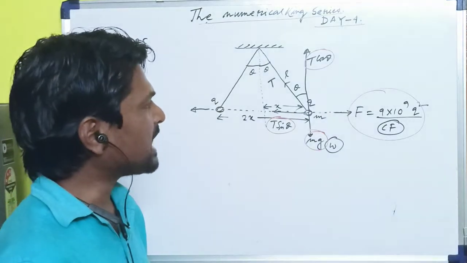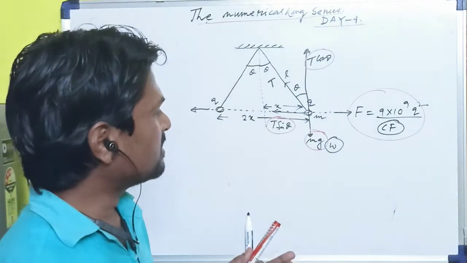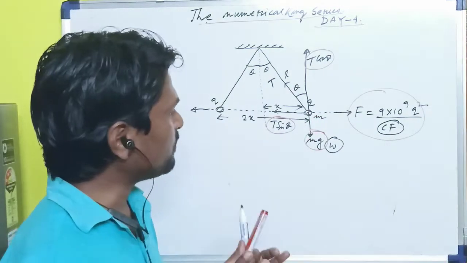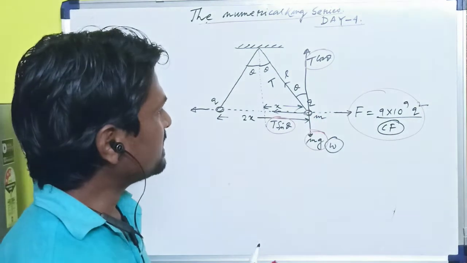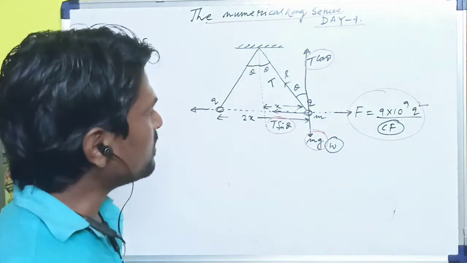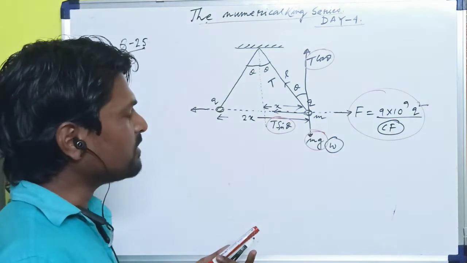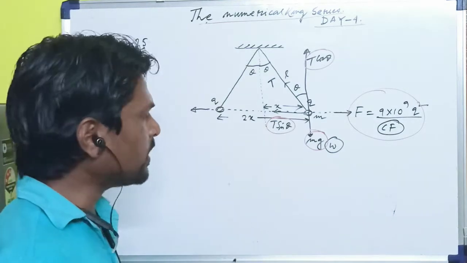So there are 4 types of forces that can act on that particular mass. T cos theta is a component of tension, T sin theta is also a component of tension. We can resolve the vectors because tension is a vector quantity.